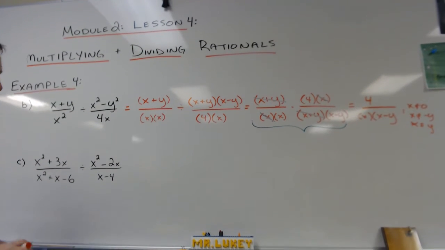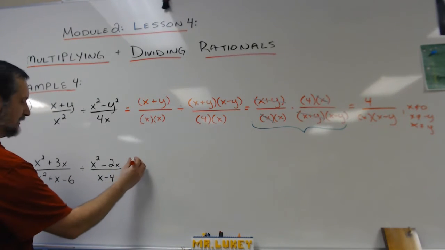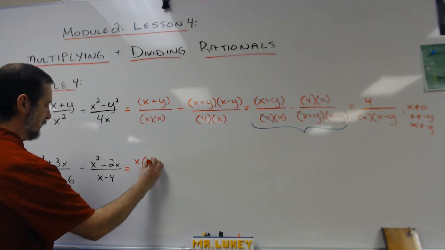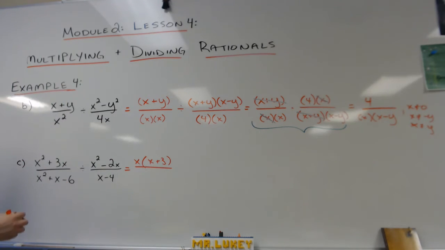Okay. So here we go, just some factoring, x squared plus 3x. I can take the x, so x times x plus 3. X squared plus x minus 6 is going to be x plus 3 times x minus 2.